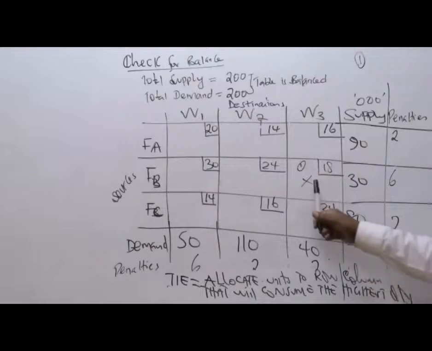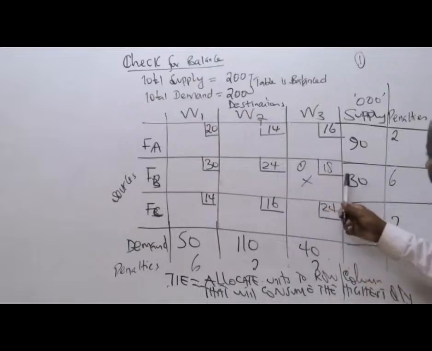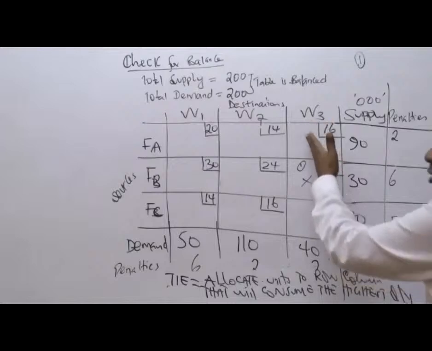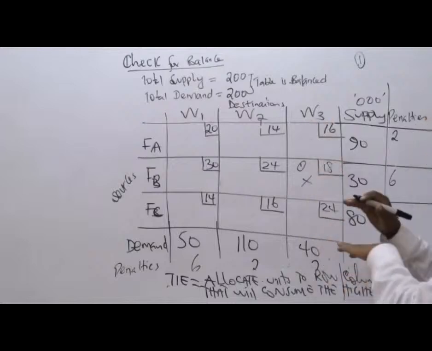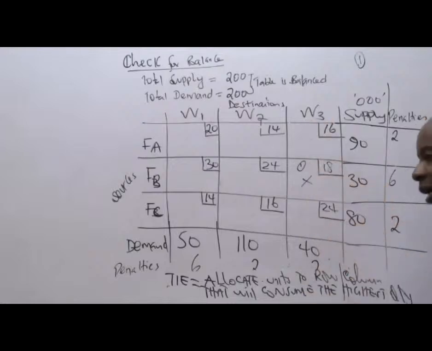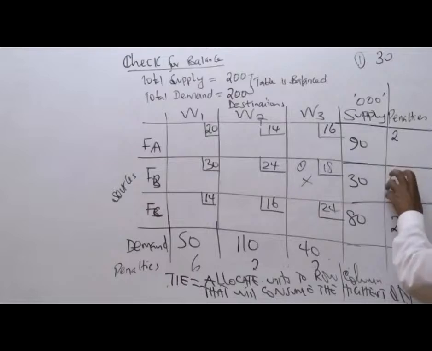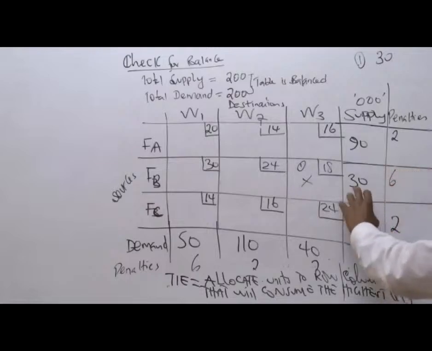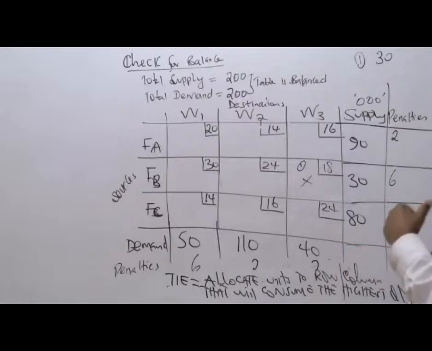Here we are comparing between 30 and what here? 40. We are comparing between the supply and the demand, and the lower prevails. That is why many students are telling me that this one here that has got a higher penalty of 6, the route can only accommodate 30. Always compare the demand versus the supply, and the effective quantity to be placed in a cell will be the lower.